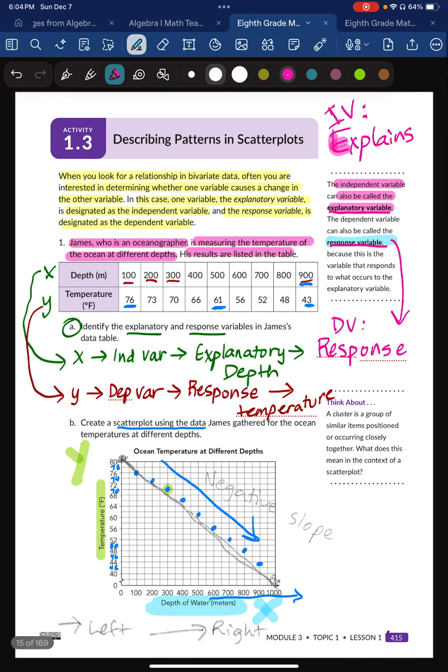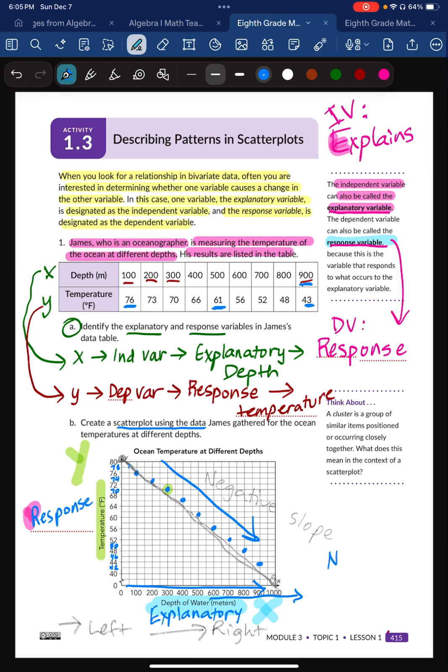So look, this is going to be a negative association because as the explanatory variable increases, the response variable decreases.